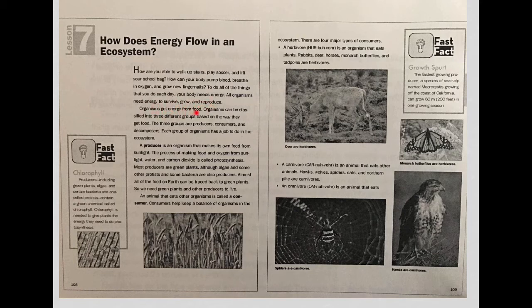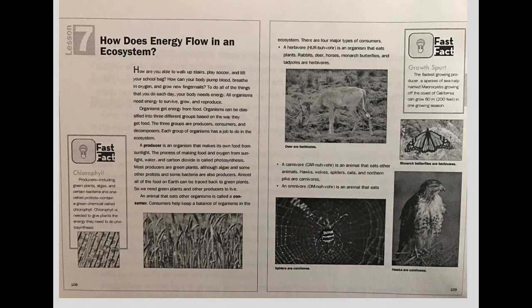Organisms get energy from food. Organisms can be classified into 3 different groups based on the way they get food. The 3 groups are producers, consumers, and decomposers. Each group of organisms has a job to do in the ecosystem.